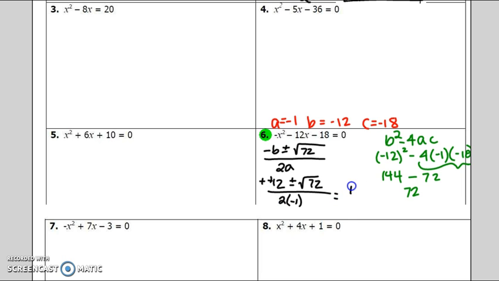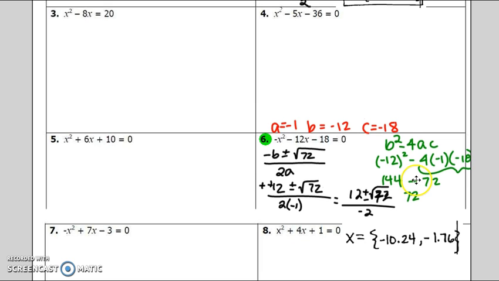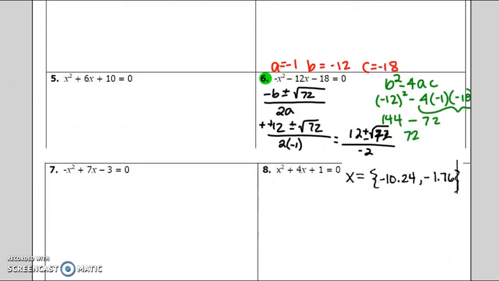So in our calculator, we want to do 12 plus the square root of 72 and divide it by negative 2, and then 12 minus the square root of 72 divided by negative 2. And let's see what we get. All right, and you should get negative 10.24 and negative 1.76.